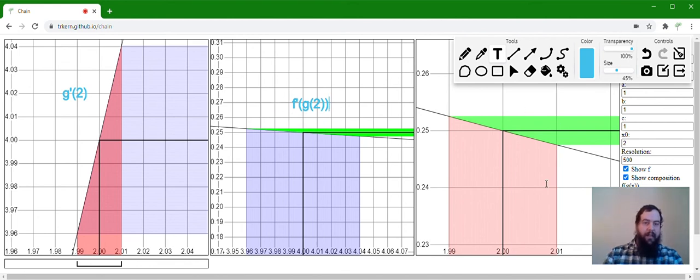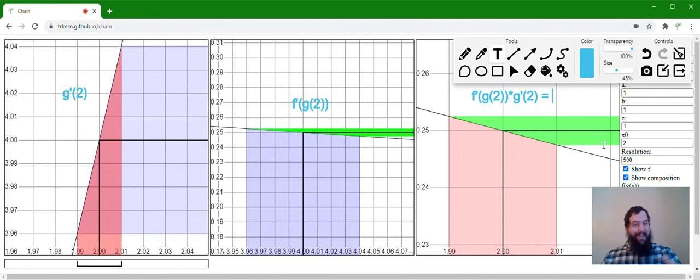And so the result is that the ratio, the size of this output to the size of this input, is going to be, let's write this out, the multiplier, the thing that we're multiplying by, is f prime of g of 2 times g prime of 2. And that tells us the slope here, the ratio of the size of this input interval to the size of this output interval.